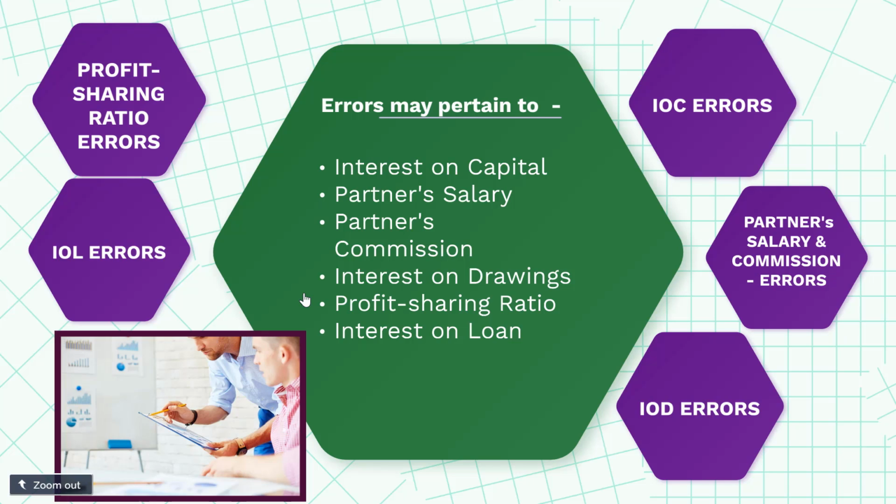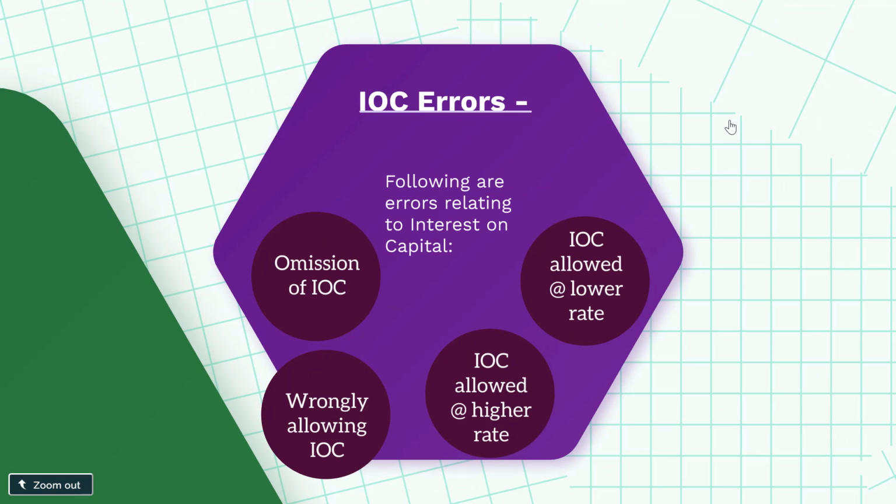Now let's see what are the errors which can happen in each of these separate items. We'll begin with the interest on capital errors. The following are the errors which relate to interest on capital.